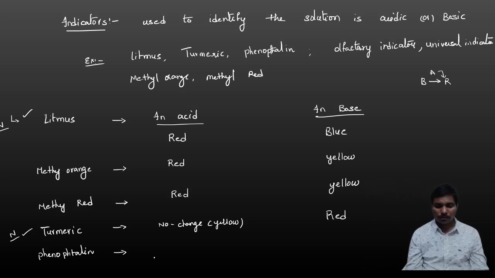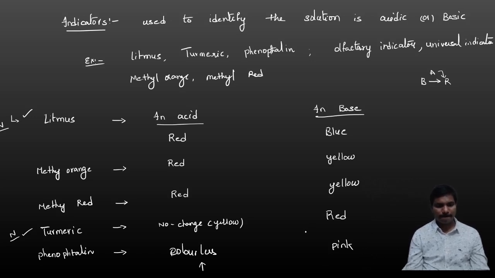And how does phenolphthalein behave? Phenolphthalein is a synthetic type of indicator. In case of base, it is pink. In case of acidic, it becomes colorless.